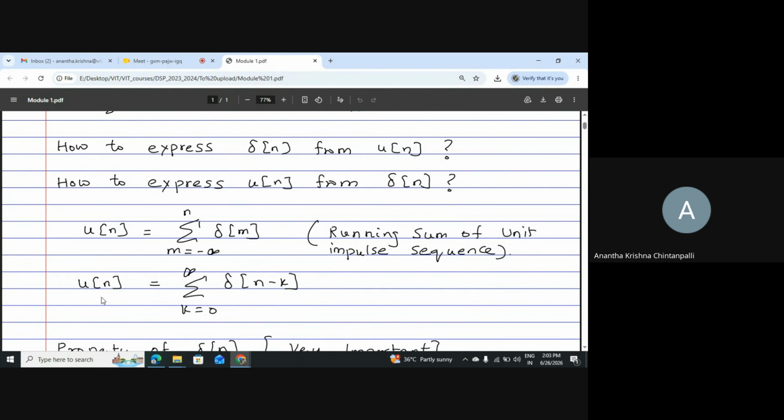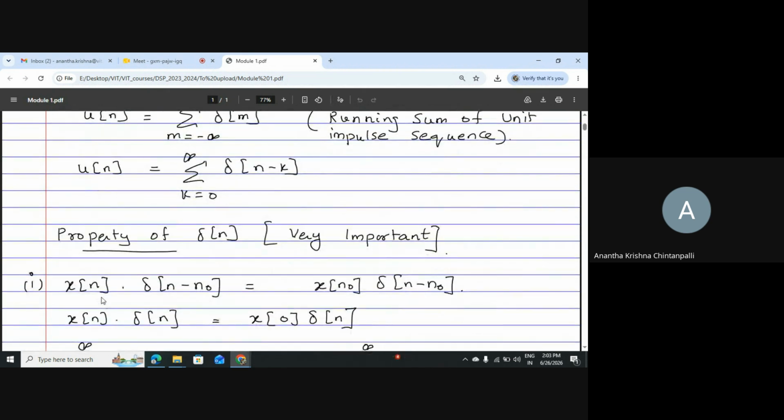If you put k equal to 0, then delta of n, meaning at n equal to 0, the value is 1. Now k equal to 1, so delta of n minus 1. At n equal to 1, the value is going to be 1. K equal to 2, so again n equal to 2, the value is going to be 1. So now when you add it, it's going to be your u of n.